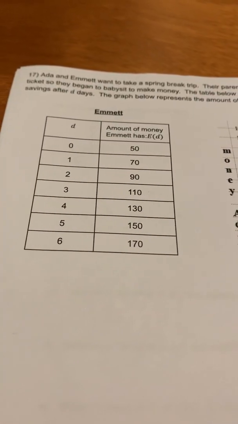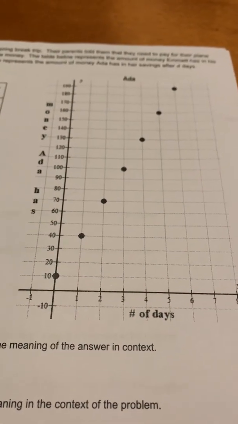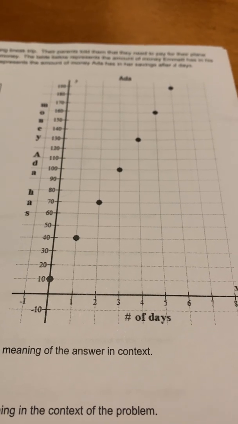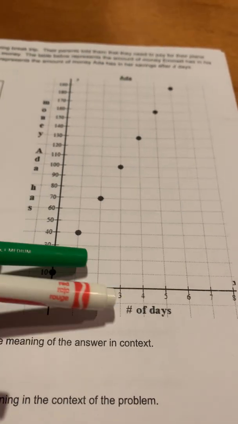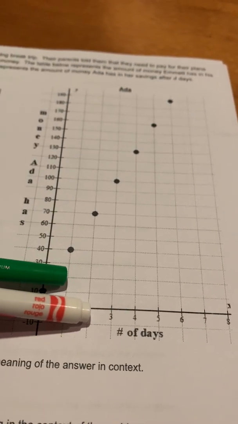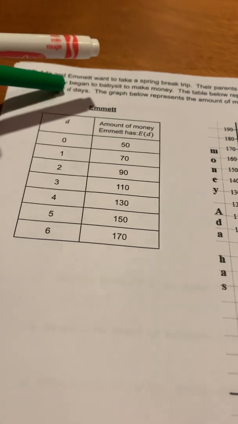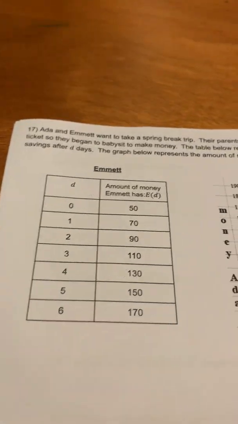Some of it is organized in a table, and some of it is more like the points we put on a grid in the first unit to show different things that were happening. In both of these, you see a description on the grid for the number of days and the money Ada has. In this one, I can't see except it says Emmett at the top. So I might read here to see what it's talking about.